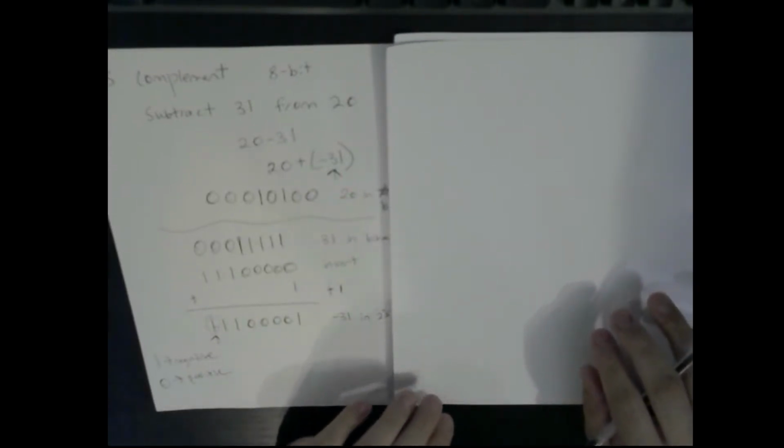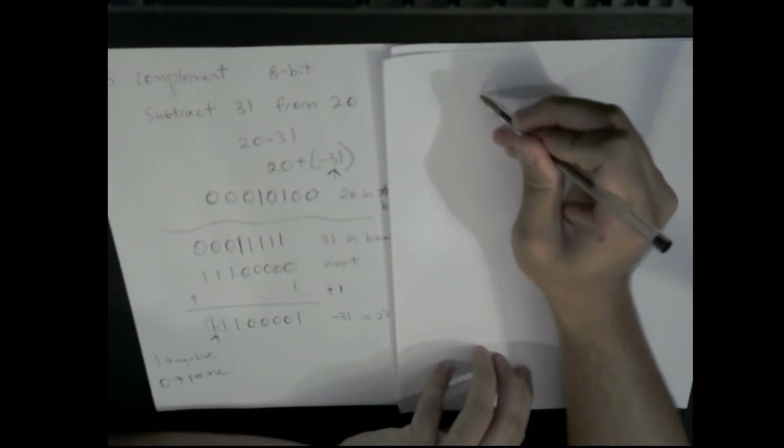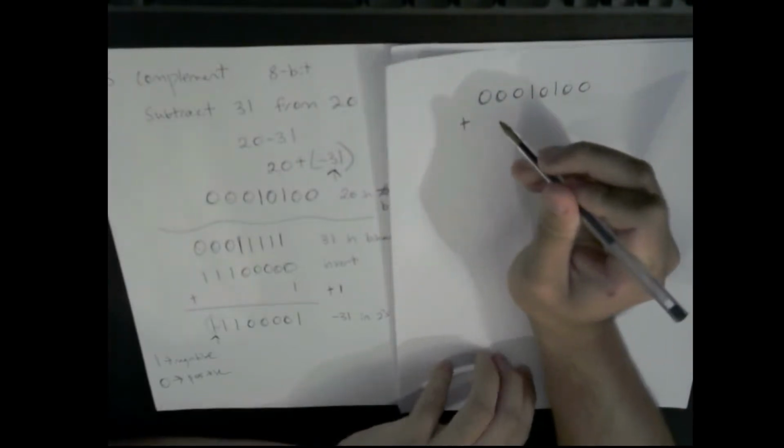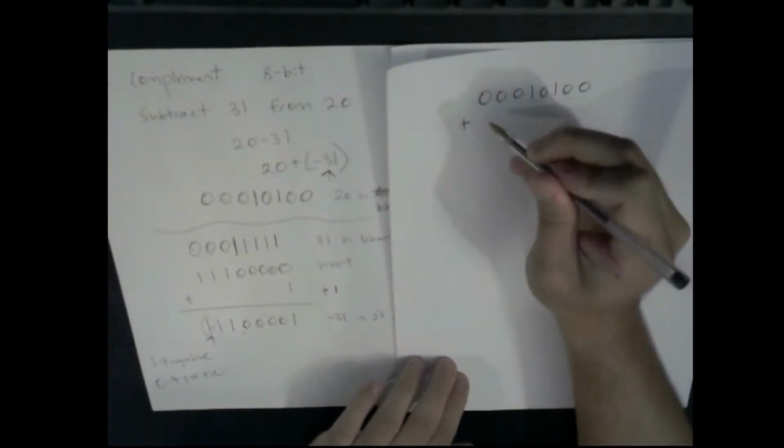So I know what 20 and negative 31 are in my number system. I'm just going to add them together. So I have, this was 20. And then I'm going to add this number we just came up with, this negative 31 in 2's complement.